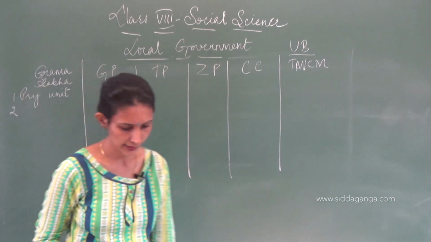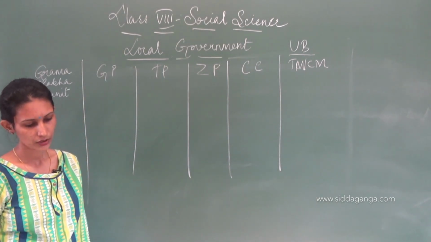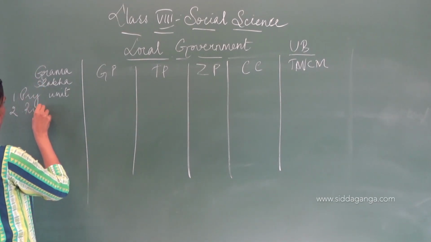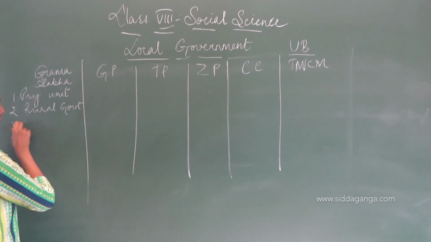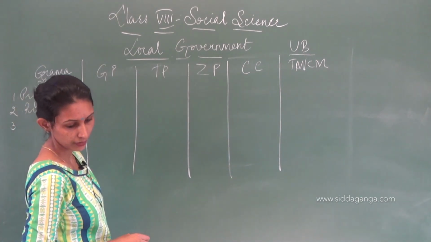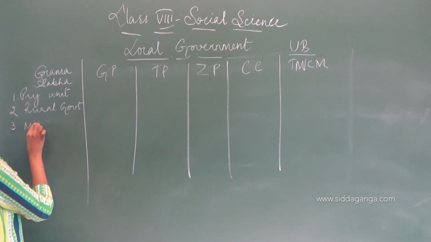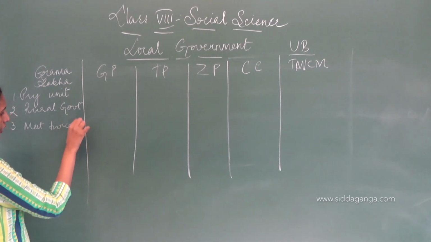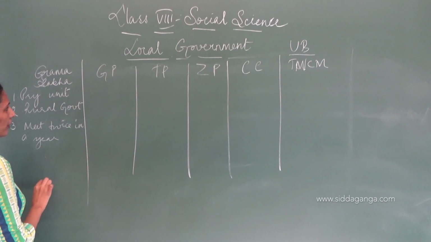Second point is, it's a rural government. Then, meet twice in a year. Follow all the points there.